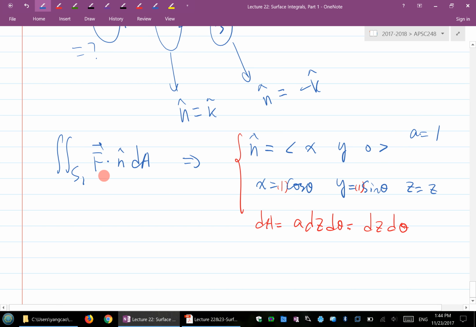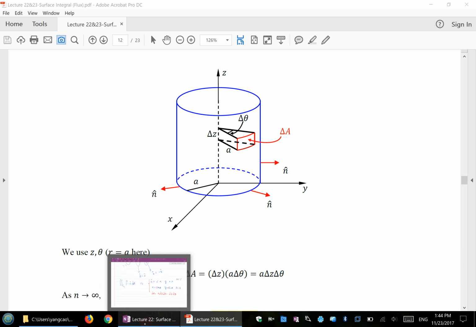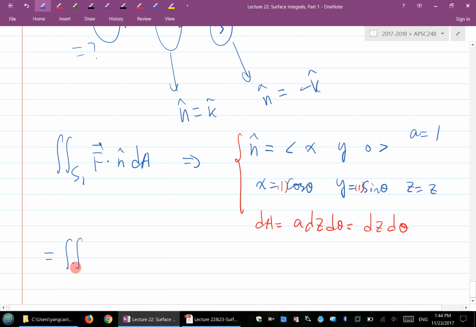Let's put it into this question. So this is a cylinder. Maybe I want to be more specific. So F is x, z, negative y. That's your vector field. And n hat is x, y, 0. And dA is dz d theta.